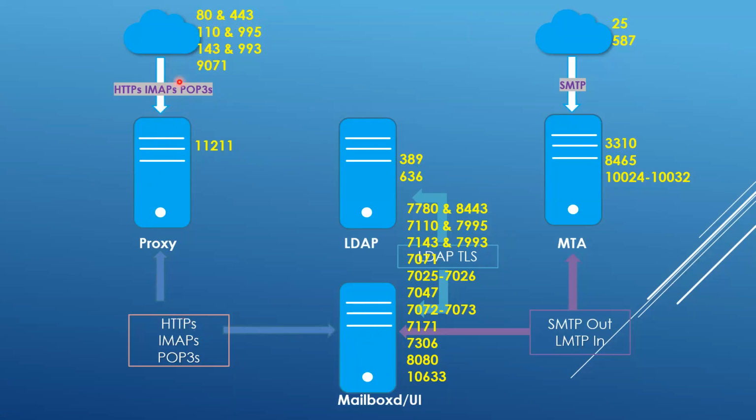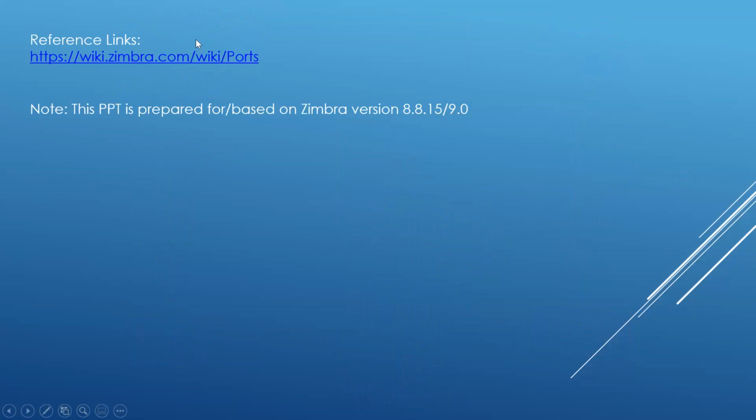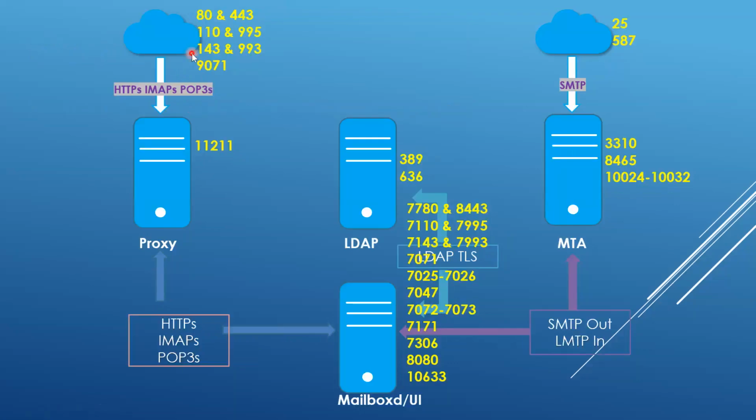In the same way, when the end user tries to access POP3 connections, then the end user uses 110 and 995, and proxy transfers those requests to the mailbox server over 7110 and 7995.